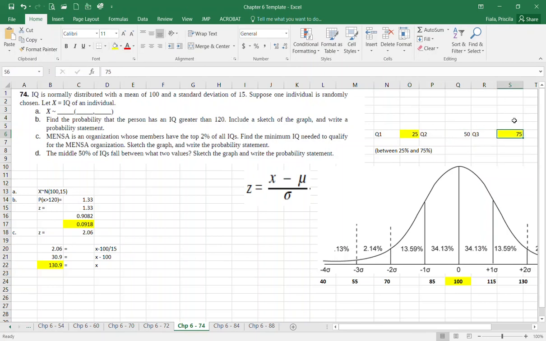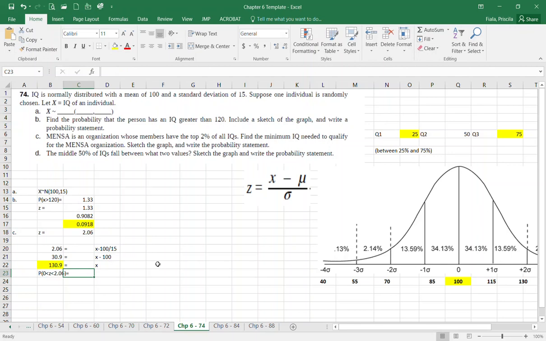Well, I'm telling you right here that the 50% falls between the 75 and the 25. So in order to, oh, I forgot to put the probability statement here, didn't I? So let's say the values are going to be between 0 and, actually for Z, because we only have the Z value, it's going to be 2.06. That would be my probability statement right here, which equals, and then there's your value right there.